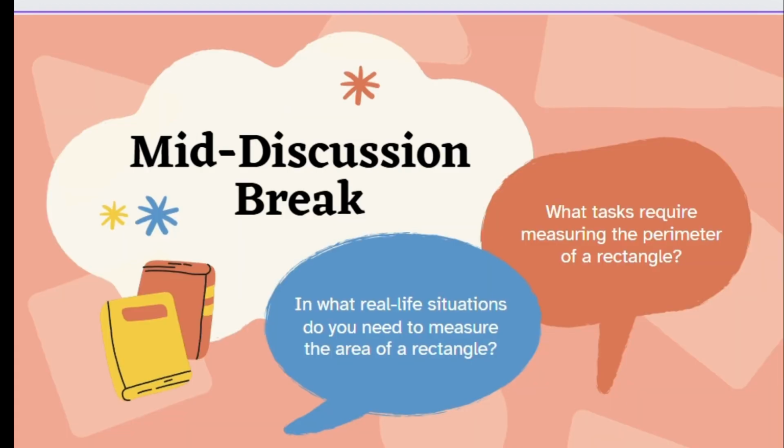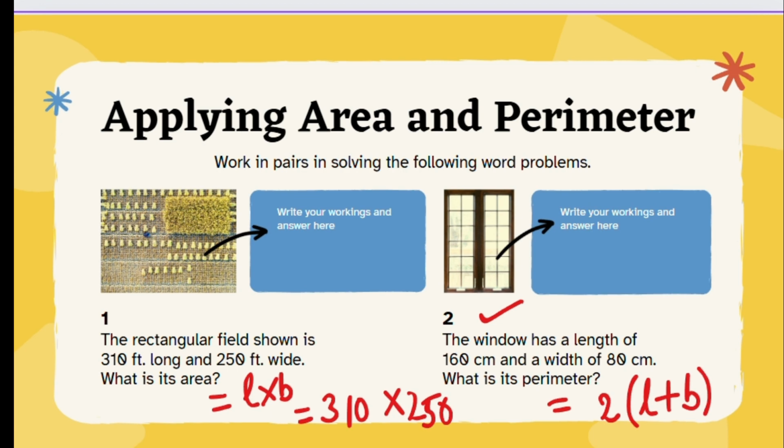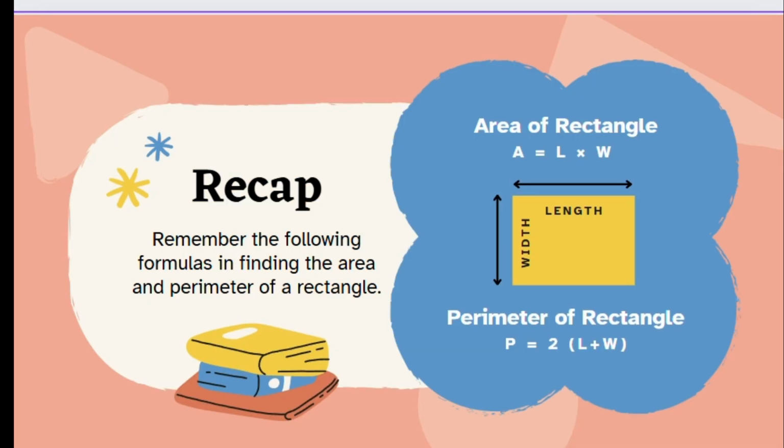Now we will move to our next slide. That is a recap. You can see the last slide or last discussion. I am just asking you, what is the area of a rectangle? The area of a rectangle is length multiply width, or you can say length multiply breadth.